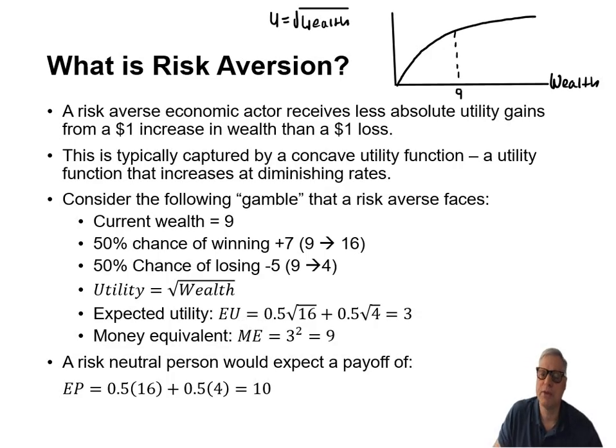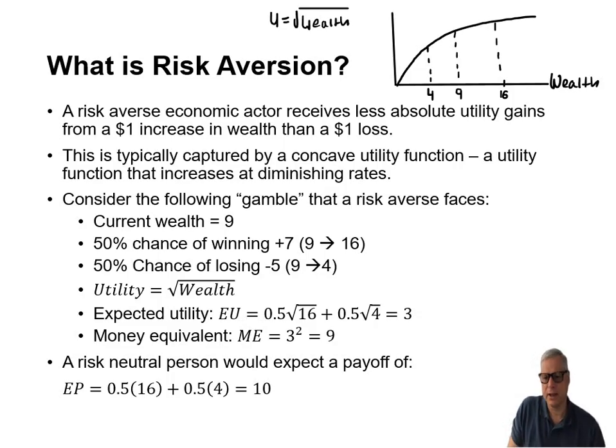And assume that the individual has a 50% chance of winning plus 7, so that would be 16. 9 plus 7, that's 16. And there's also a 50% chance that the individual loses 5, so it drops down to 4.